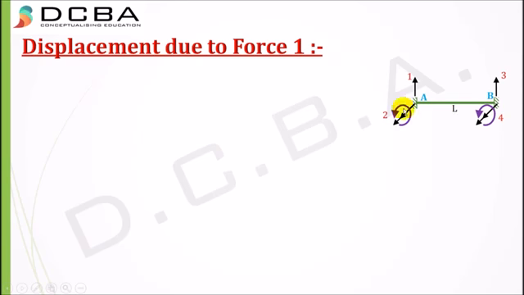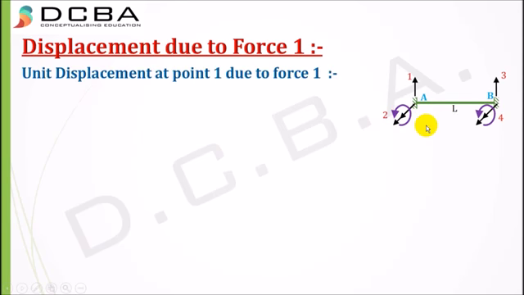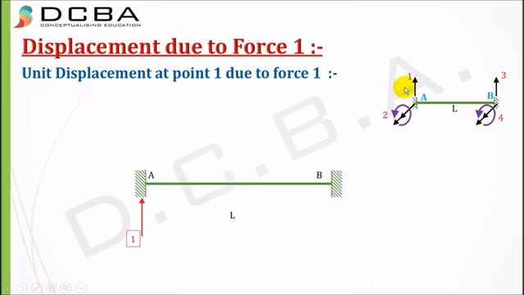I've drawn the beam element here, and the first step is displacement due to force 1. This is force 1, and we have to check the displacement of the beam due to this force 1. If you have seen my previous video, there I discussed how the beam will get deflected and how the reactions will be formed.